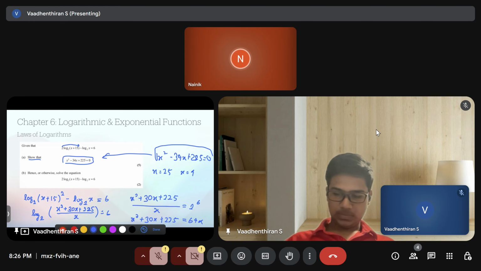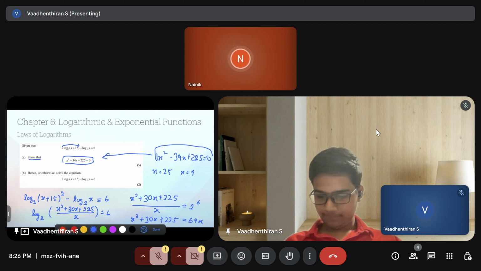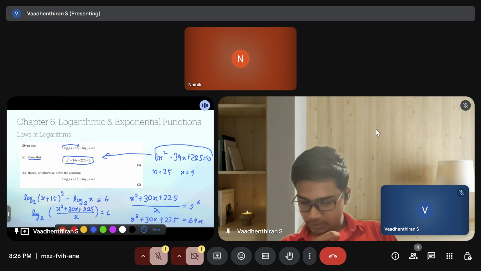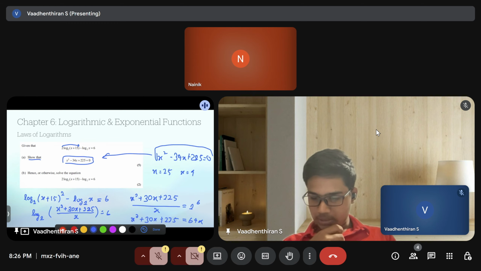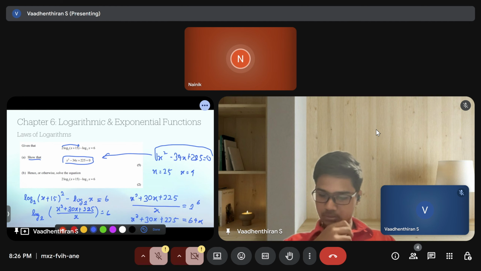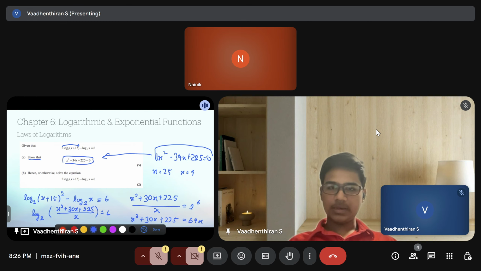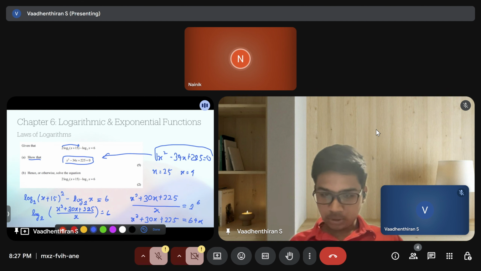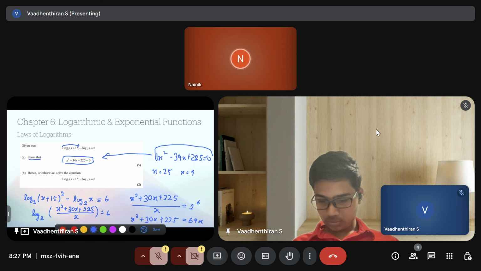So it must be x squared minus 25x minus 9x plus 225. You need to know that 25 times 9 is 225, and you can make that out pretty easily. You can factorize it and then do it. So x equal to 9 or x equal to 25. Yeah, okay, got it. Thank you.